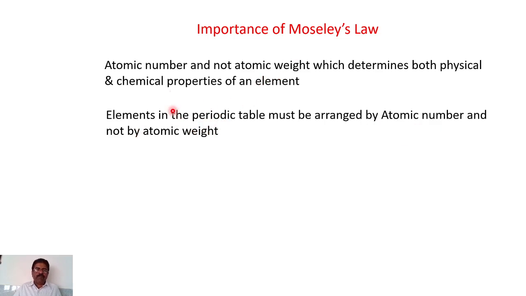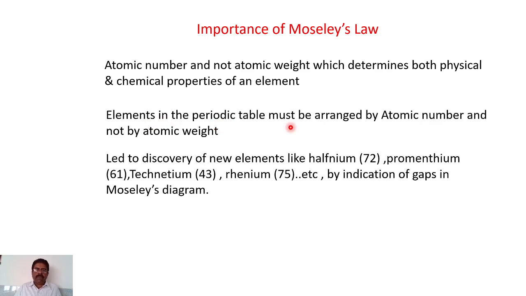The physical property depends on atomic number, so it is quite convenient to arrange the elements with their atomic number and not by atomic weight. From the curves, actually different elements were discovered.